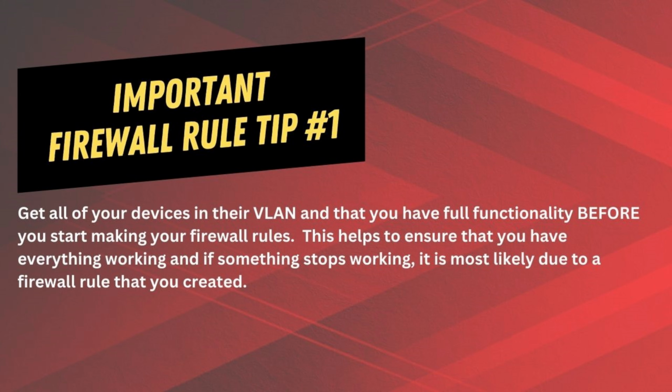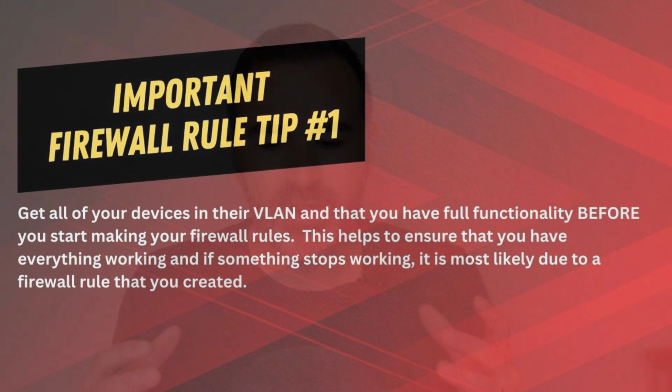All right, we're going to kick things off with important firewall rule tip number 1, and that is get all your connected devices in their assigned VLAN, and make sure you have full functionality before you start making your firewall rules. This is designed to make sure that everything works before you start restricting things, because if something stops working, at least you know it's most likely due to a firewall rule.